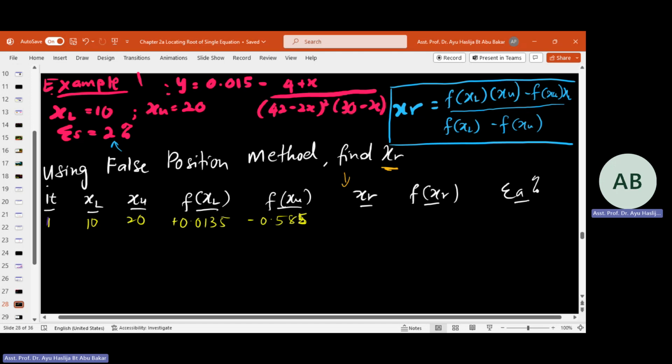Peto, what do you get for your XR for the first iteration, using the false position method? Now we are using the false position method, so your XR must use this equation.